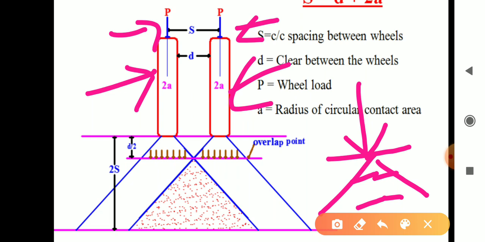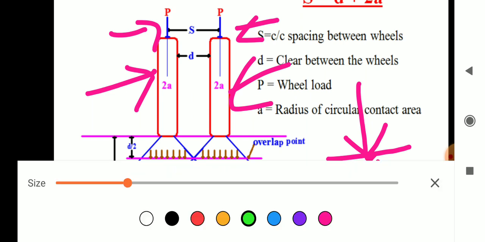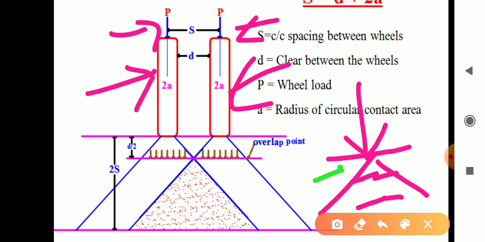It is more here because, for example, if a person is standing, the person is in direct contact with the surface. That's why stress is developed more here, and later it reduces.